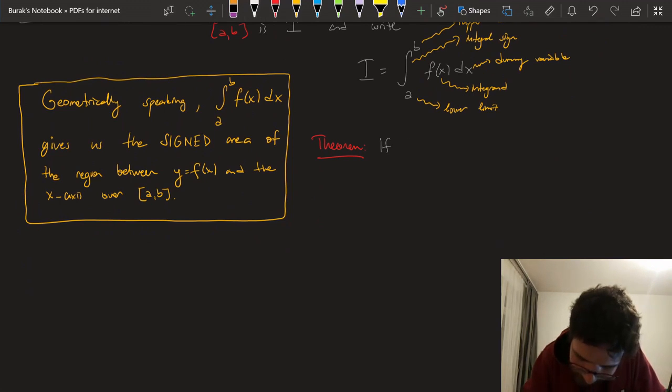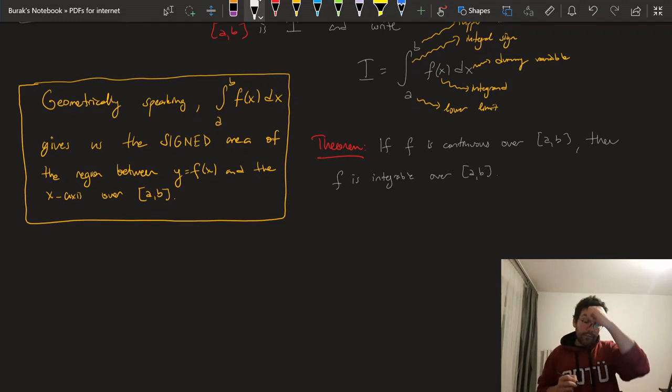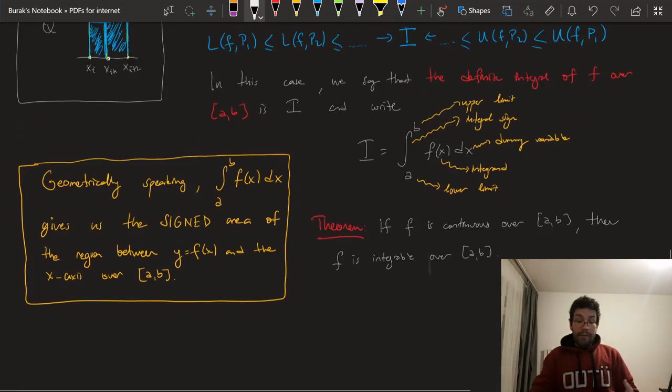If f is continuous over [a, b], then f is integrable over [a, b].